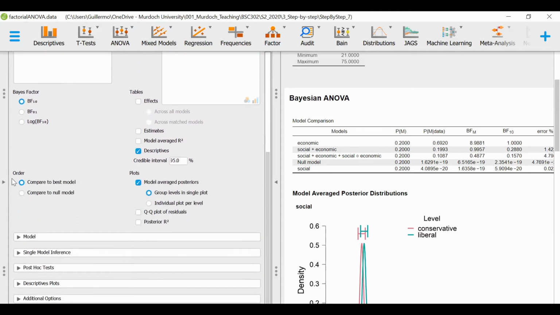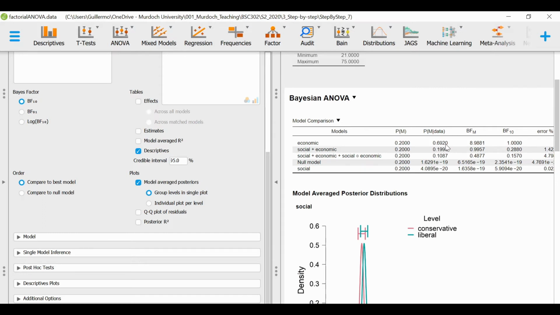At the moment it is comparing to the best model, but the option is to compare to the null model. In compare to the best model, what it's doing is a Bayes factor between the model presented in the line and the best model. What's the best model? The model with a higher posterior probability given the data, and in this case it is economic.